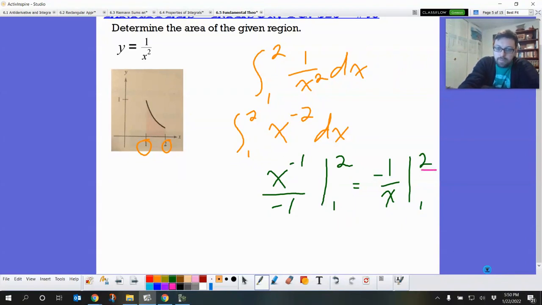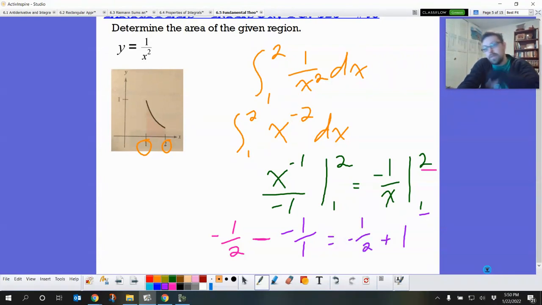We do the top part, so that's negative 1/2 minus what our bottom part is, also negative 1, negative 1. So that is negative 1/2 plus 1, which is 1/2. So the area of that region is 1/2.